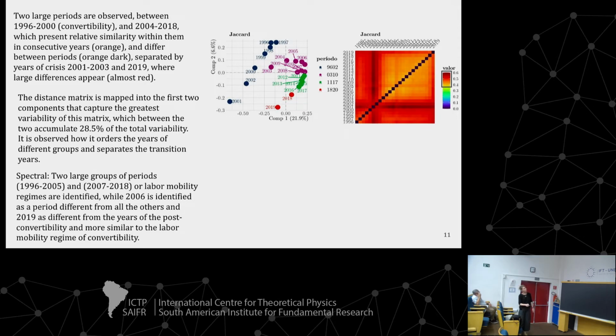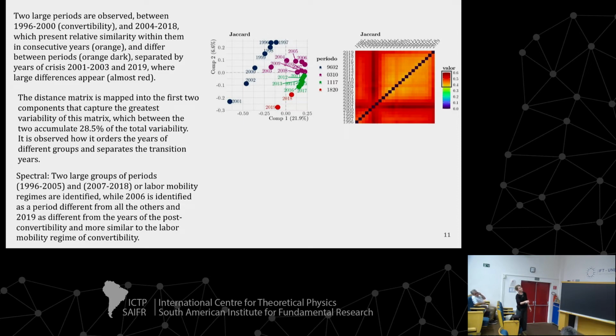So for example, this group from 96 to 2000, this is what corresponds to convertibility. So here, the years show to be very similar in how they behave, in terms of the structure. I speak about the structure, the connections, okay? And the same I can observe here.